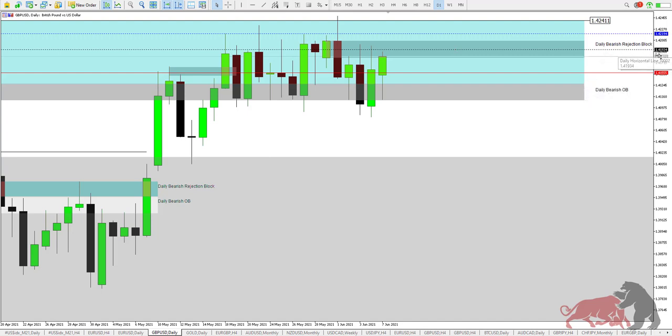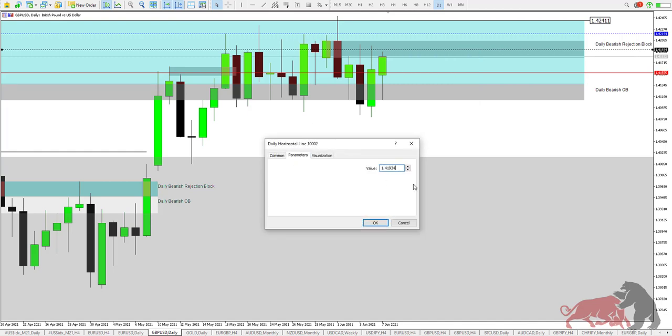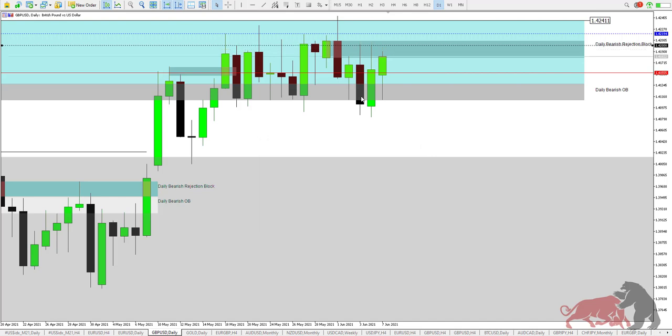So you can see 1.4193. Basically we've got an institutional price point of 1.4200, guys. That's the magic number on GBPUSD. 1.42, that's our magic number. Now I haven't looked at the numbers that came out to see how the COT report is helping me.